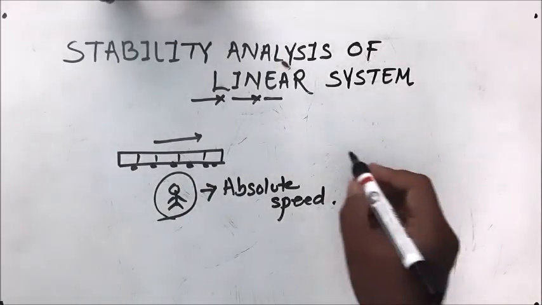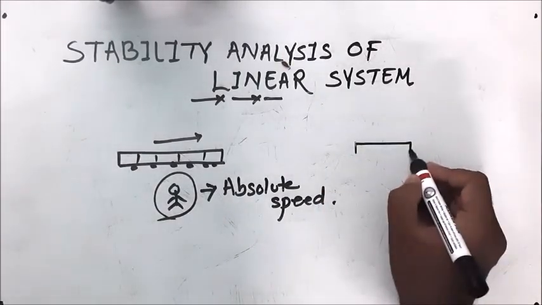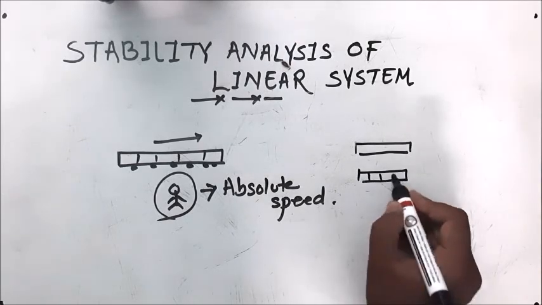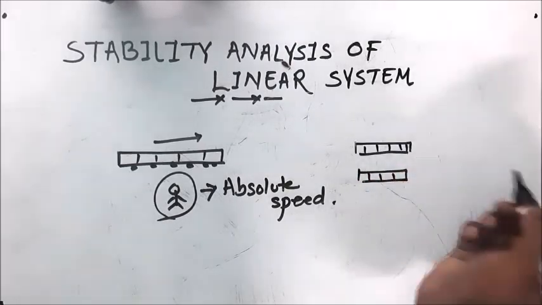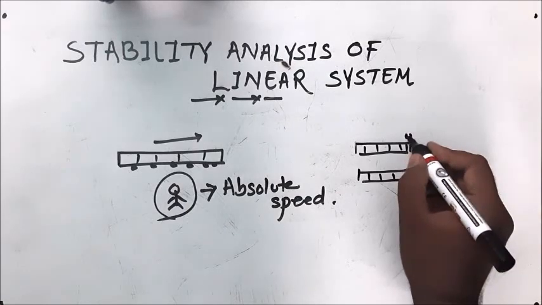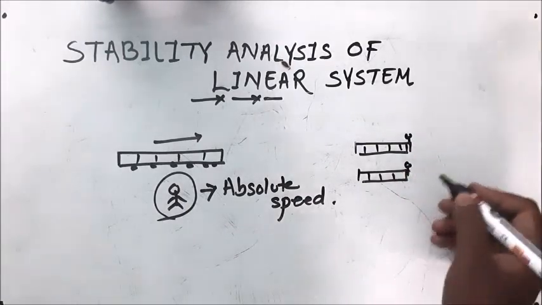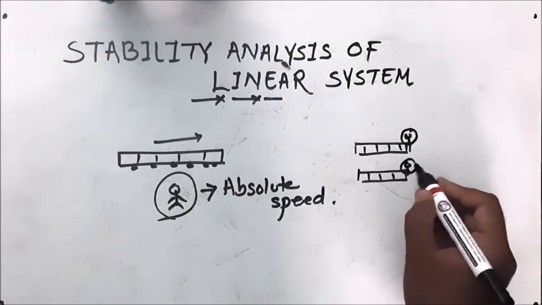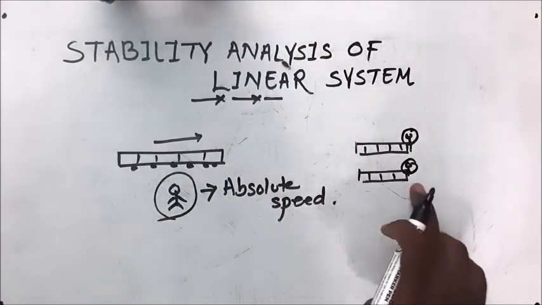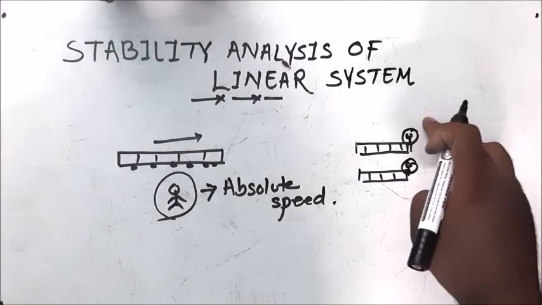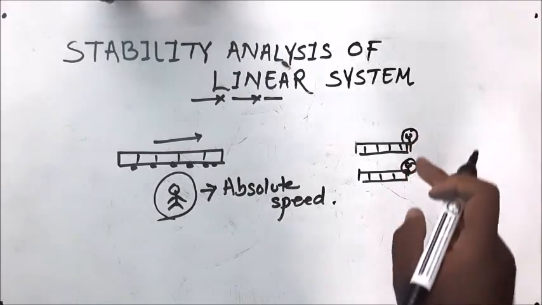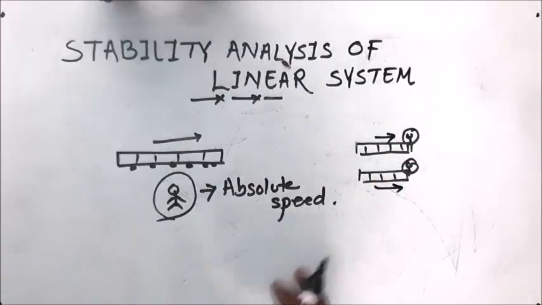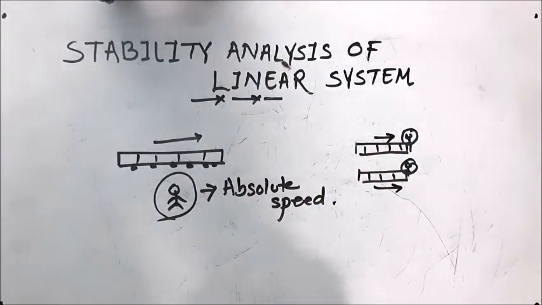But if this is one train and this is another train traveling on a parallel path, this is the loco-pilot here and this is the loco-pilot here. So this loco-pilot can see this train is moving, and this loco-pilot can see that this train is also moving. Both trains are moving in the same direction but with different speeds.